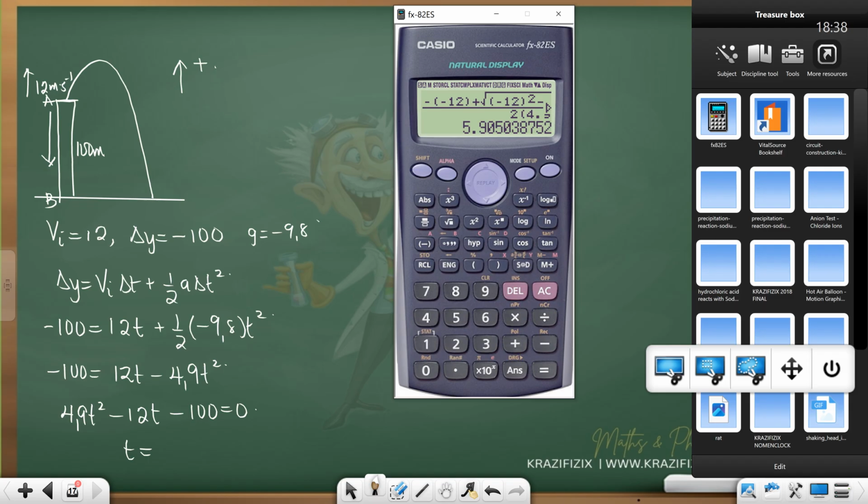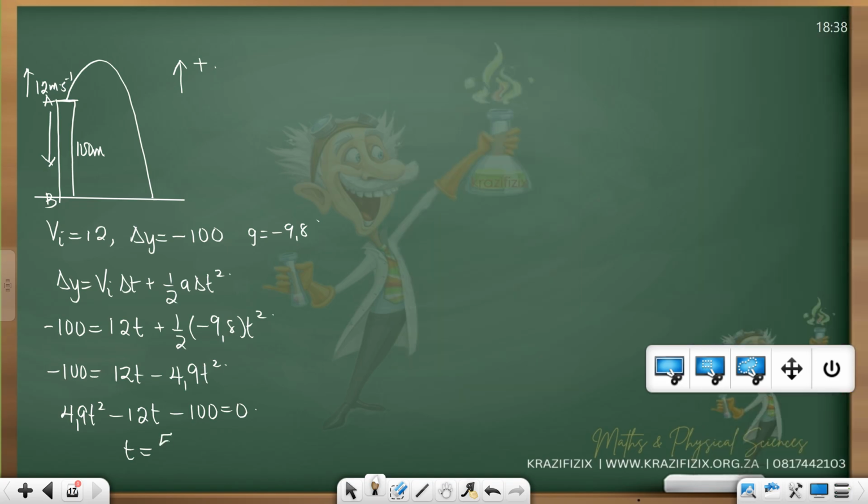All right, 5.91. Let's check the other one. Yes, it's a quadratic, Nana. Do you see the other one is negative? We cannot use time as negative, so 5.91. It takes 5.91 seconds for the camera to reach the ground from the moment it was dropped.